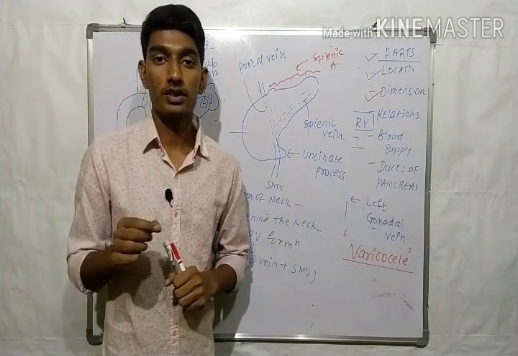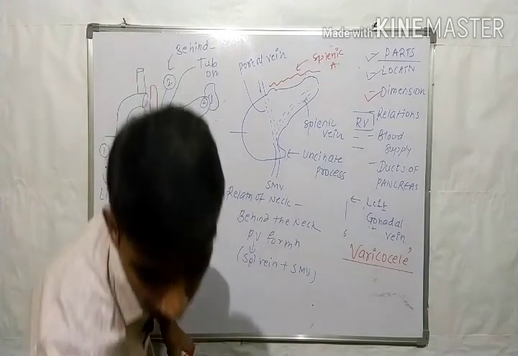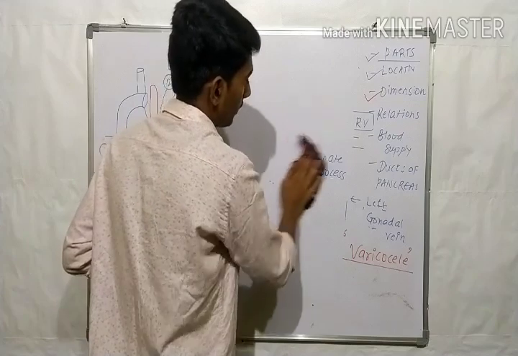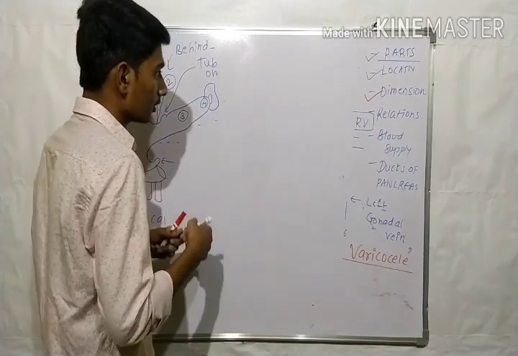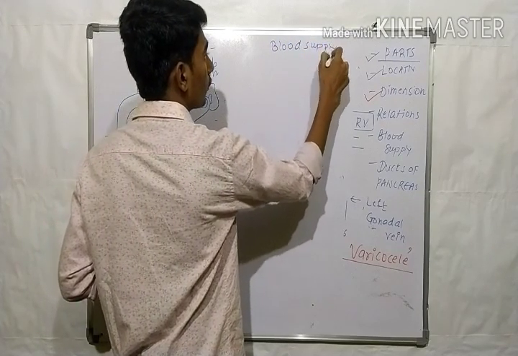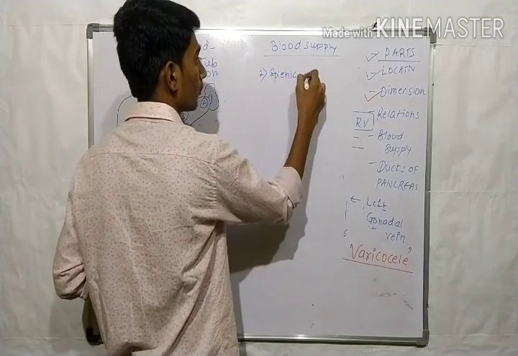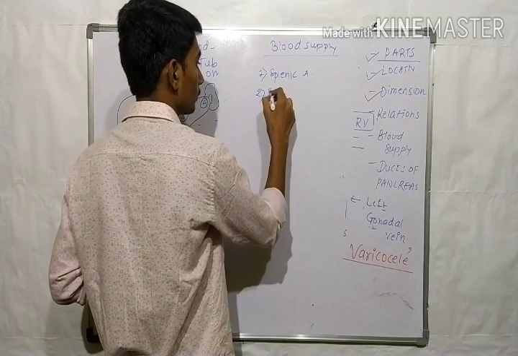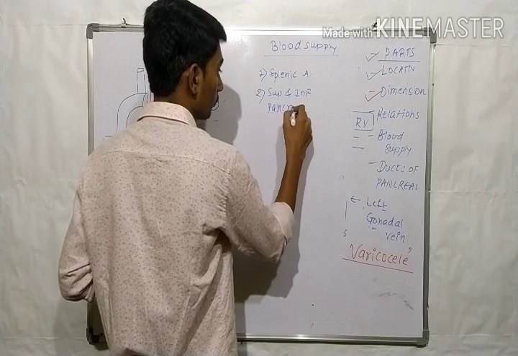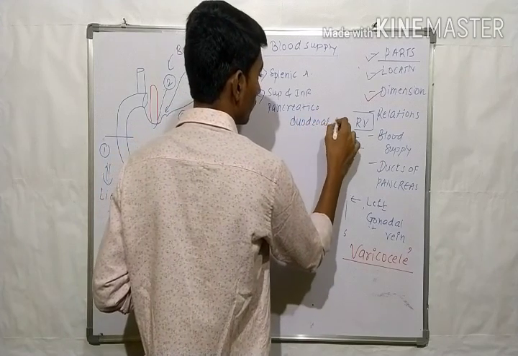Now we will see the blood supply of the pancreas, and the blood supply of the pancreas is very easy. In the blood supply of the pancreas, first is the splenic artery, second is the superior and inferior pancreaticoduodenal artery.